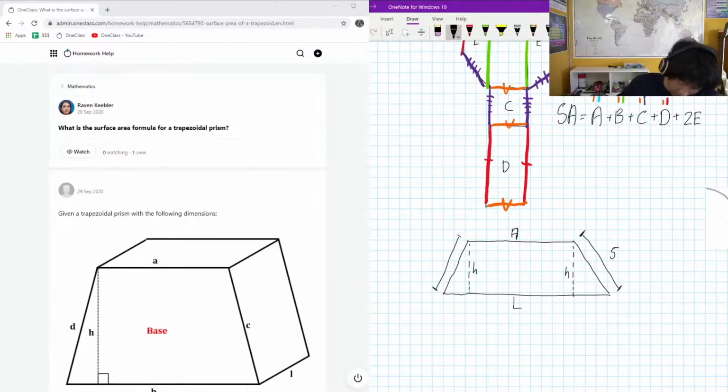And let's call this SR for the right side and SL for the left side.